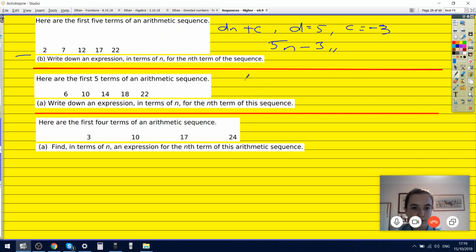4n minus 2. If it's going down in 4s to the left? Oh, 4n minus... 6 take away 4?